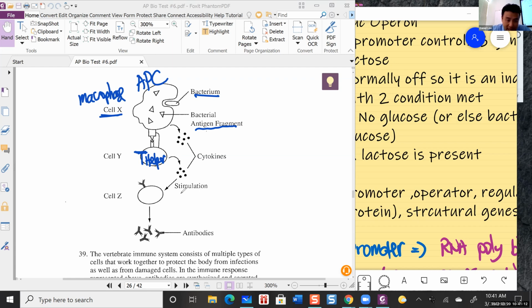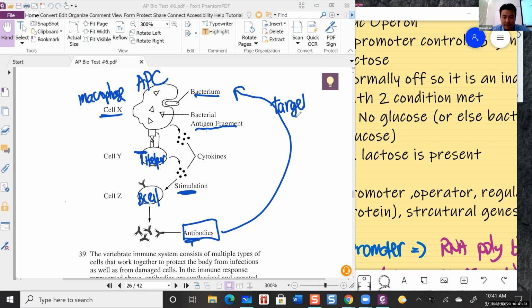So the T helper will activate the B cell. The B cells have antibodies. So a clonal selection will happen so that the B cell will differentiate into plasma cells, which release antibodies into the blood, and these antibodies will target the bacterium, of this kind.